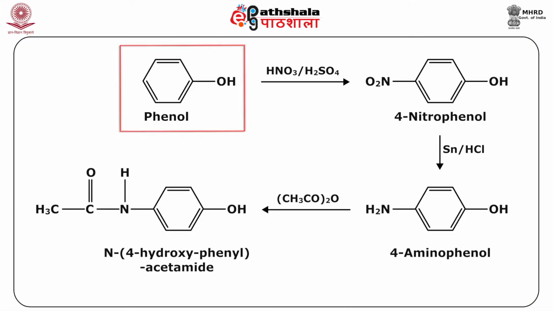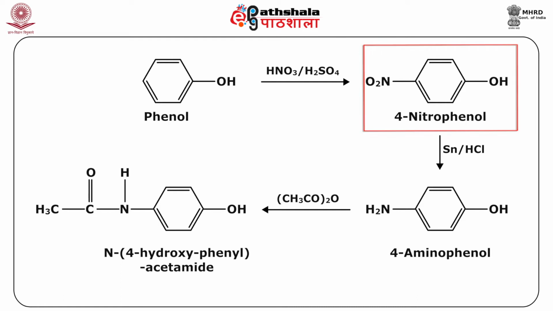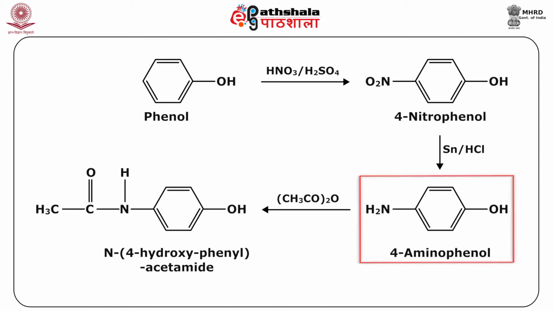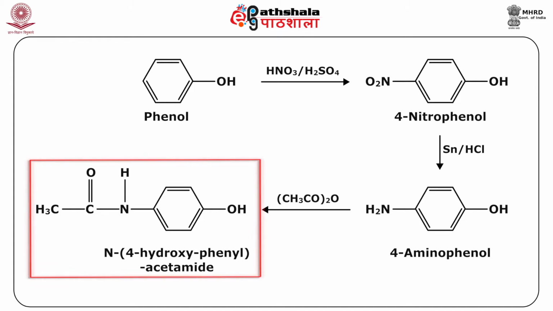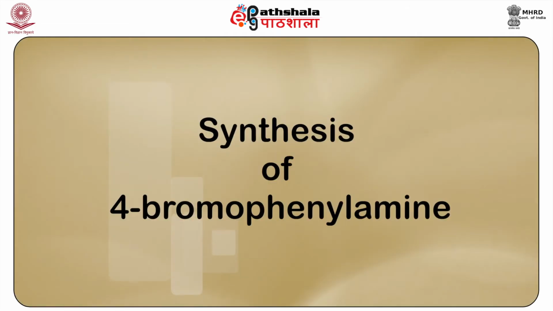Firstly, phenol on nitration using nitrating mixture, which is HNO3 H2SO4, forms 4-nitrophenol. 4-nitrophenol is reduced in the second step to 4-aminophenol using tin HCl as a reducing agent. 4-aminophenol is acetylated in step 3 using acetic anhydride and forms N-4-hydroxyphenylacetamide.